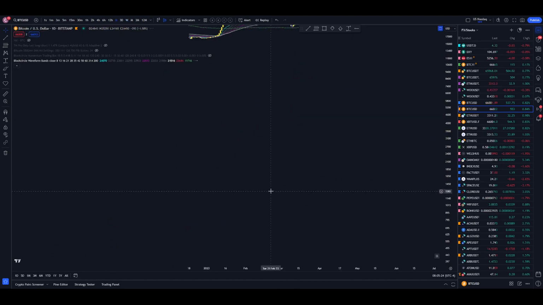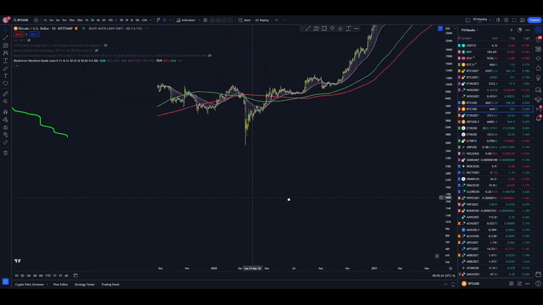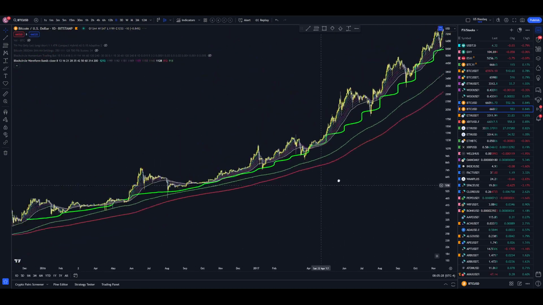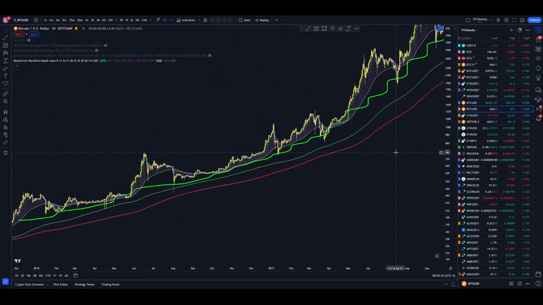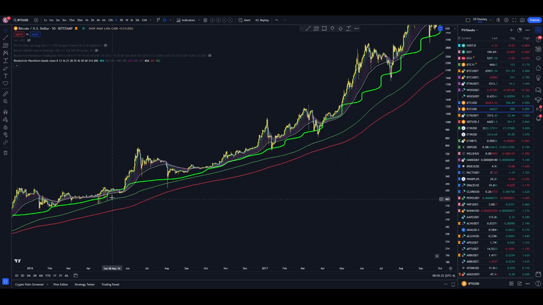Likewise, if we go down even further to the daily, we can also see that often this lines up with the 200 on the daily. So we want to be buyers into the monthly 8 EMA, into the weekly bands, and into the daily 200 and pi.